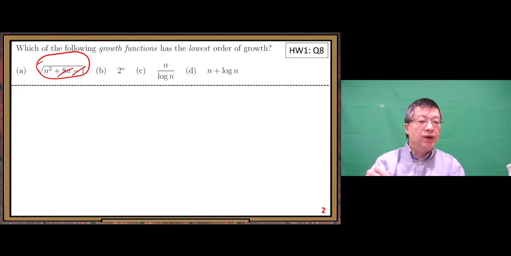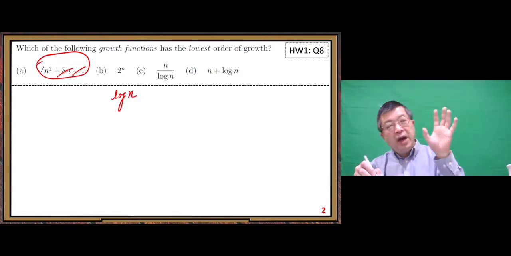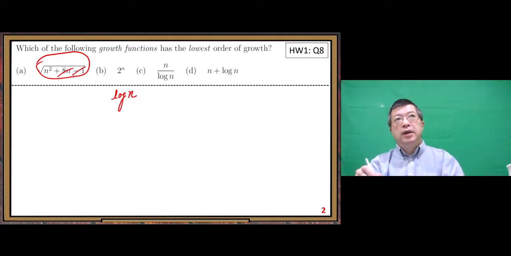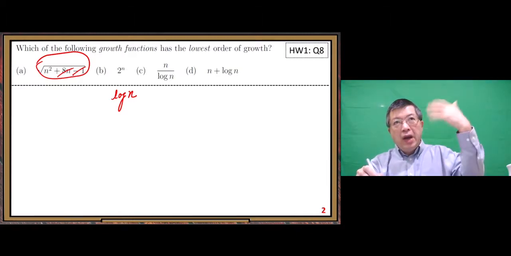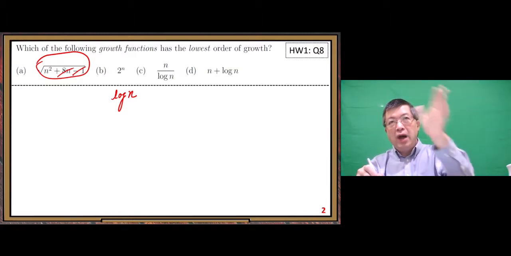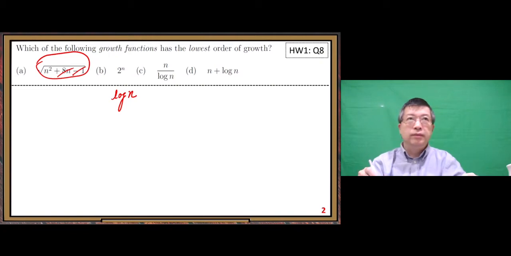One I'd like to talk about is regarding the log of n. You need to have an idea comparing the log n function with other power functions. So you need to have the sense of that.